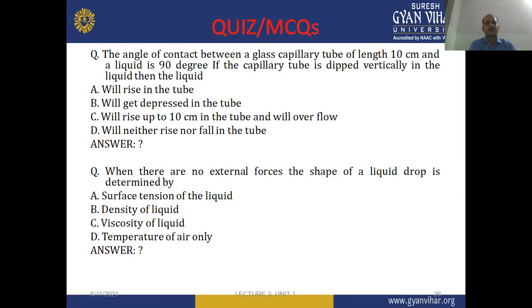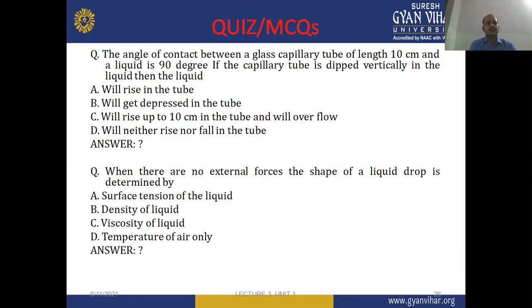So it is based on the angle of contact between the glass capillary tube, which has a length of 10 centimeter, and the angle given as 90°. If the capillary tube is dipped vertically in a liquid, what happens? You have to think of the answer based on the capillary rise method.